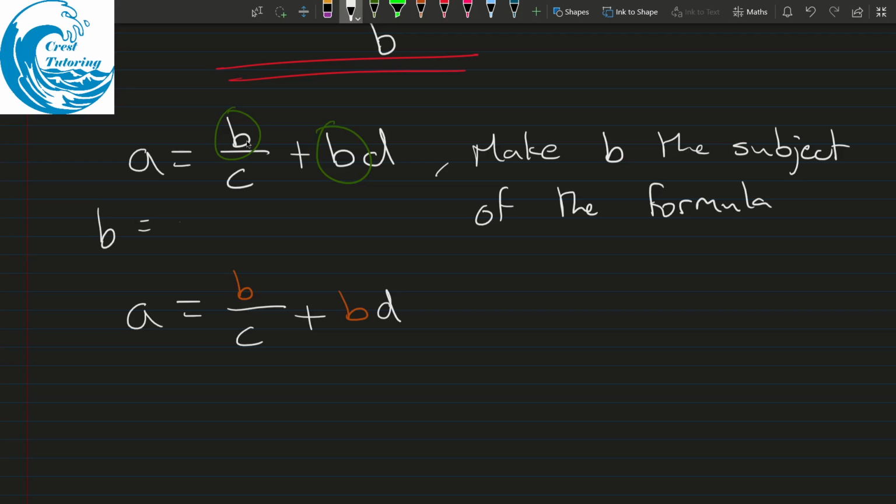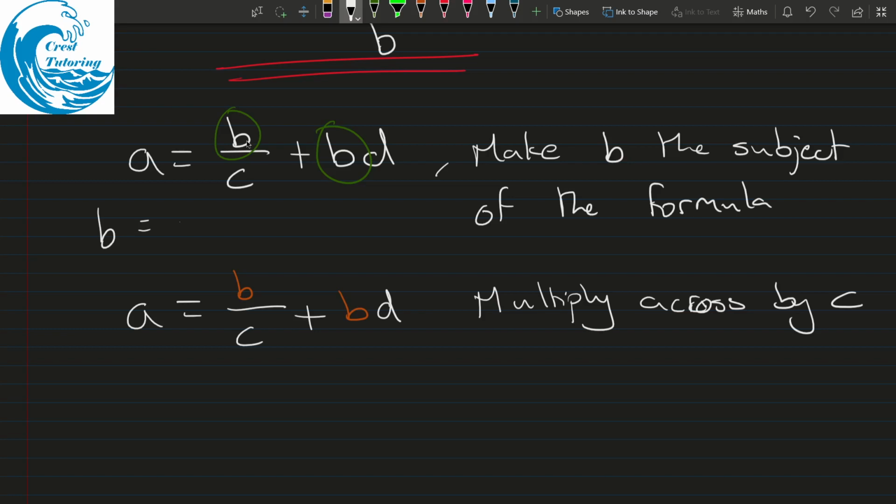Okay, so what we're going to do, our first step anyway, is we don't want to have the fraction here. So to get rid of that, what we need to do is multiply across by c.